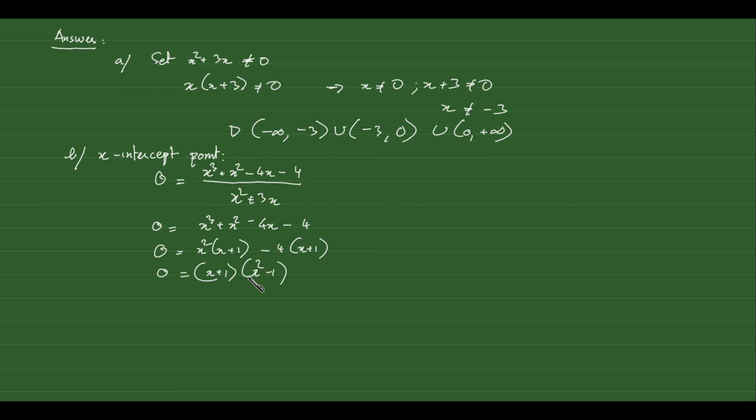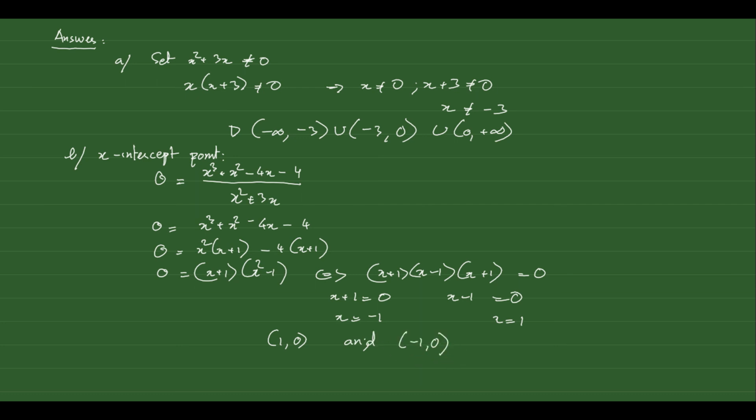You see that the factoring method you have to master. So x squared minus 1 is x plus 1 times x minus 1, times x plus 1 again, equal to 0. So x plus 1 equals 0 and x minus 1 equals 0, so x equals -1 and x equals 1. So we have two x-intercept points: (1, 0) and (-1, 0).